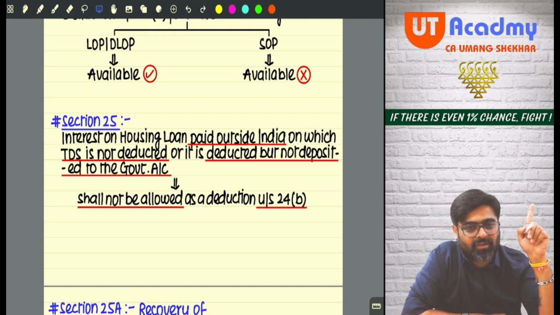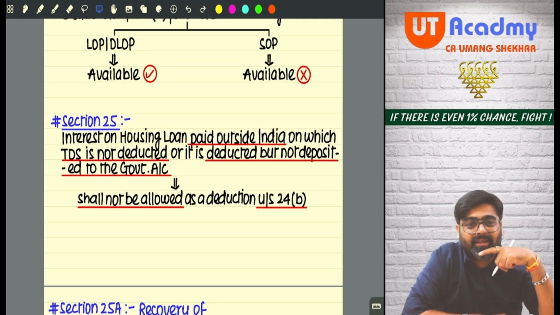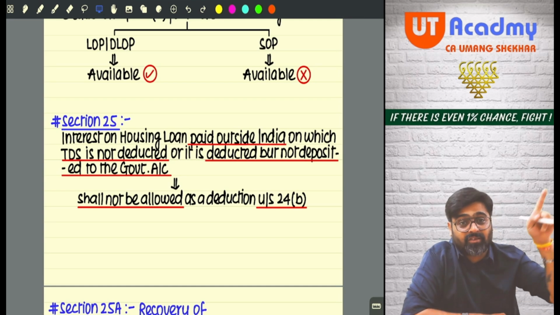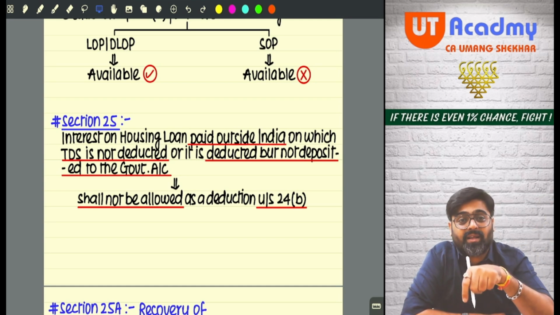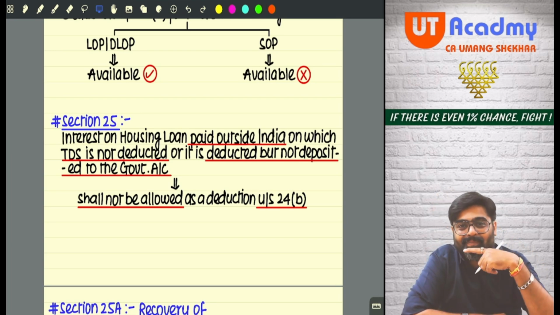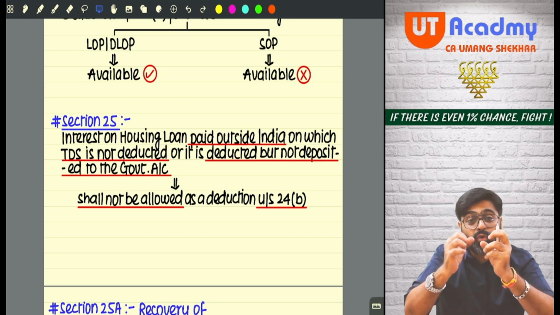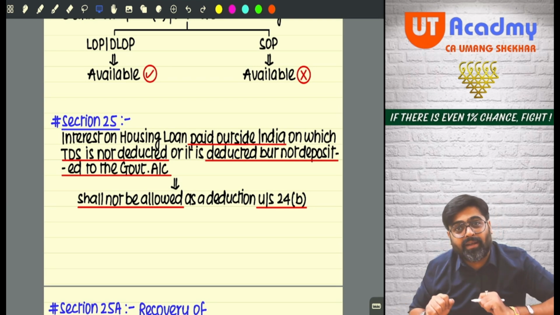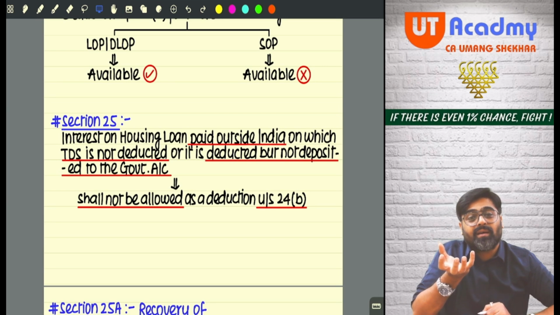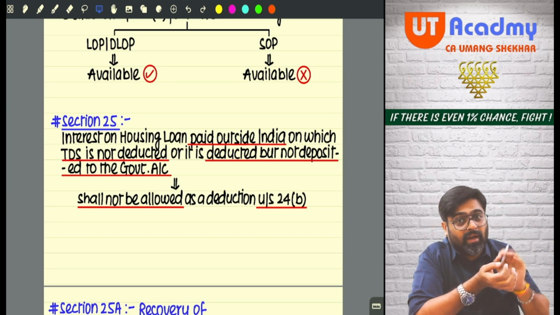Can I say that the non-resident is earning Indian income from this resident? And that interest which the resident is giving is interest on the loan which this resident is using in India. So are you a resident? Yes. Are you using the loan amount on a house property in India? And on that housing loan, you are going to give interest to someone outside India.